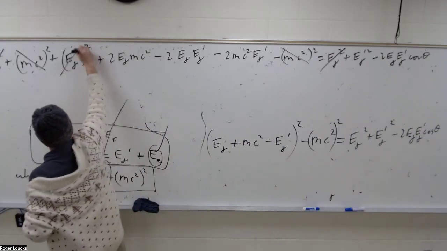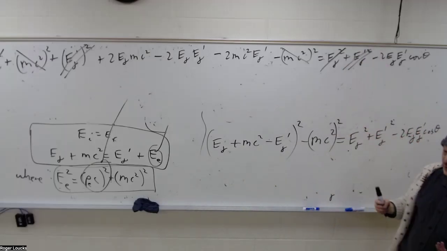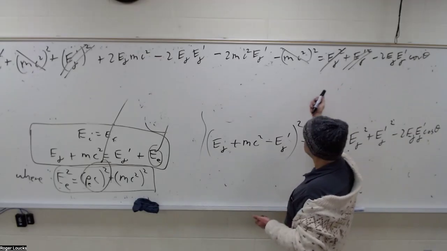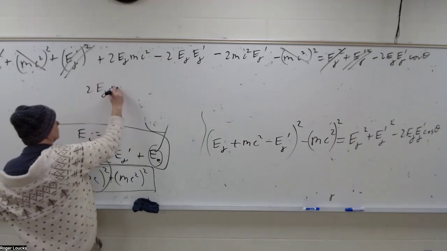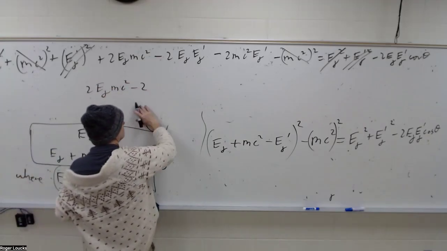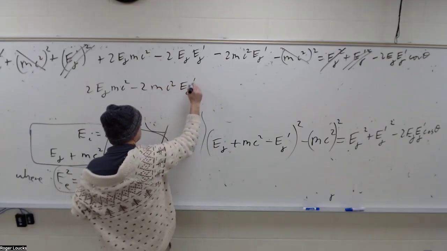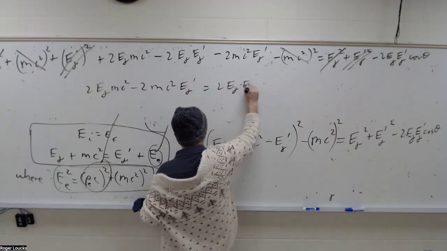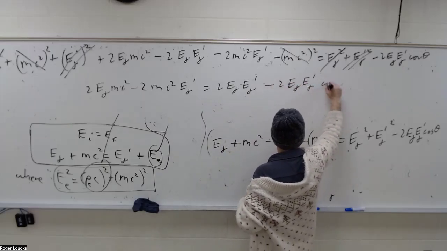My buddy here cancels my buddy here, and that's all the cancellation we have. Okay, I'm going to take my friend here to this side. This gives me 2 E gamma m c squared minus 2 m c squared E gamma prime. I'm going to take this over to the other side: 2 E gamma E gamma prime minus 2 E gamma E gamma prime cosine theta goes in there.